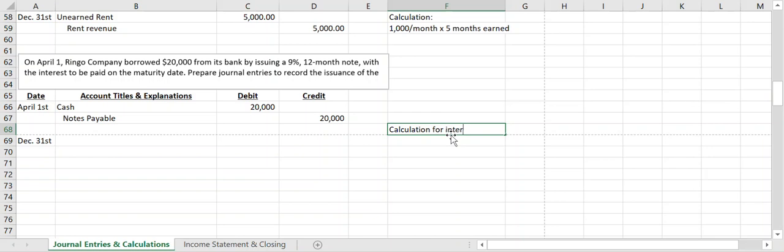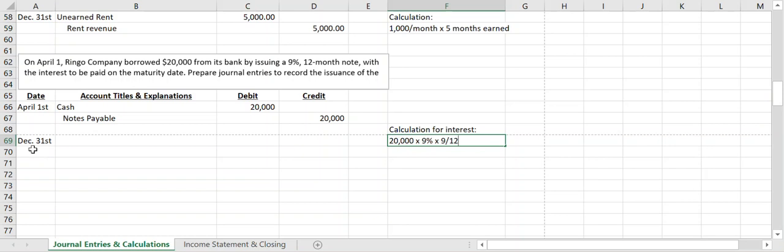So our interest calculation is the same as before. We take that face value of what we owe, in this case, multiplied by that 9% annual interest rate, and then we multiply it by how many months have passed between when we issued that note, which was April 1st, and when we have our year end, which is December 31st.